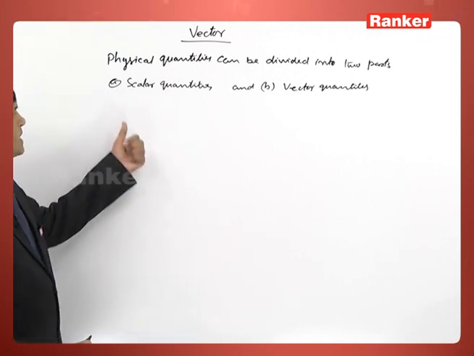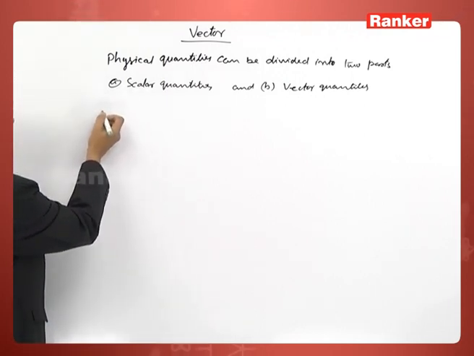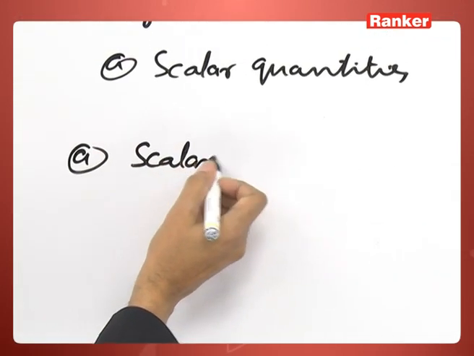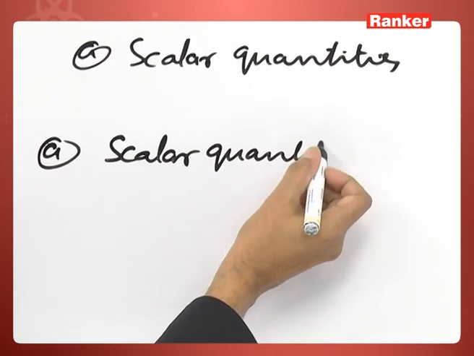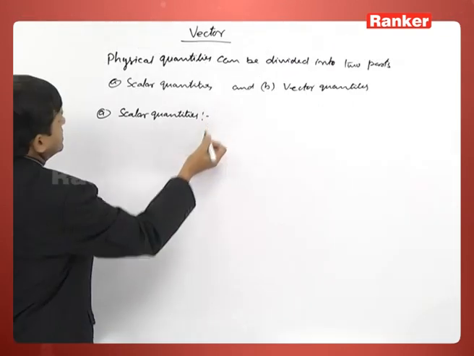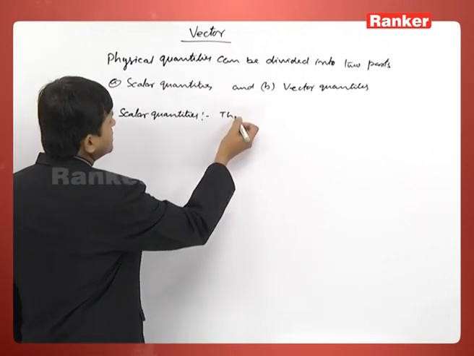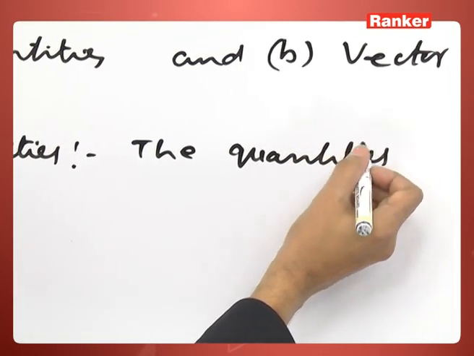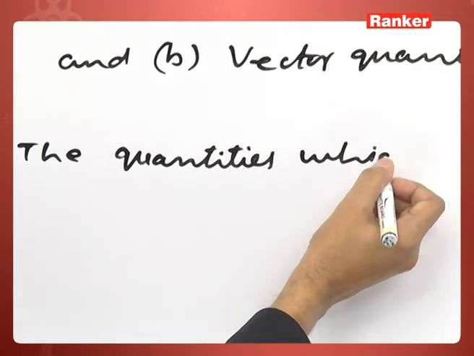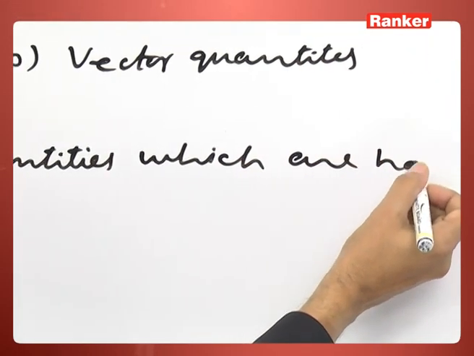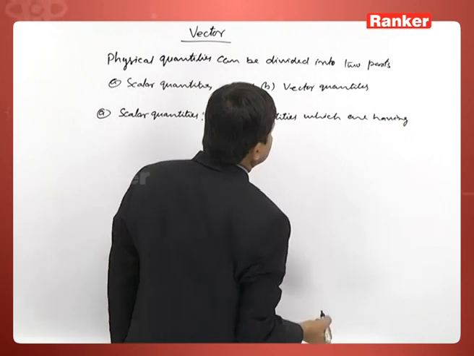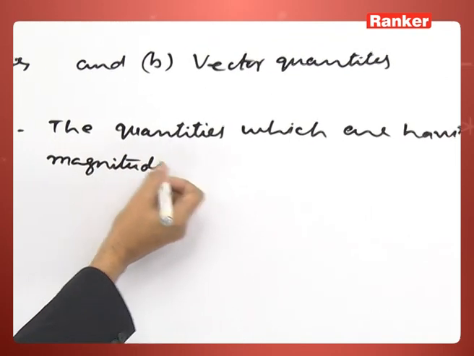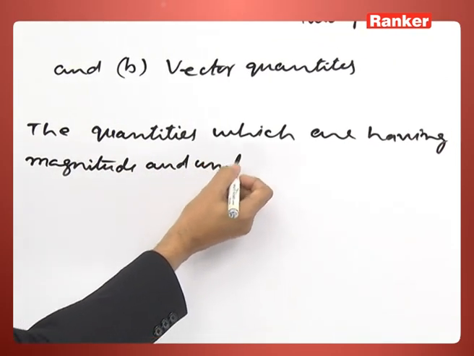So when we are defining the scalar quantity, first see a little bit of the idea about scalar quantities. Scalar quantities are the quantities which have magnitude and unit.